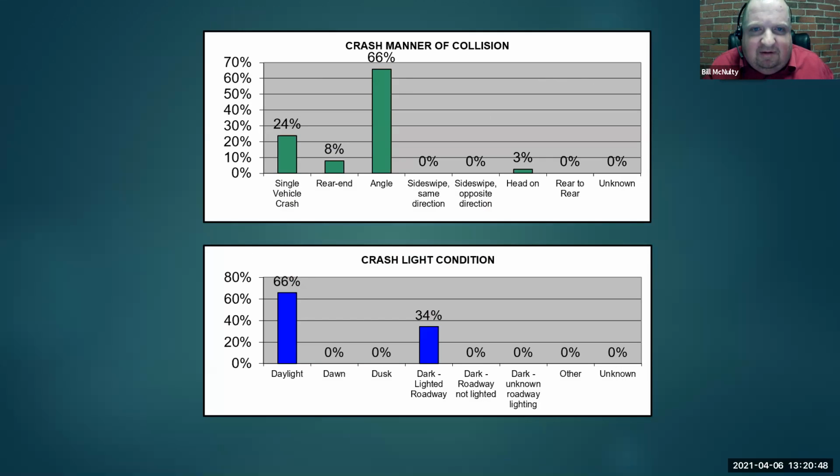The overwhelming majority of crashes here are angled collisions, as you saw in that collision diagram. But there is a significant number, at least in terms of intersections that we look at, of single vehicle crashes. 24% of the crashes at this location are single vehicle roadway departures. One of those single vehicle crashes was an animal strike; a driver struck a deer. But this is probably due to that big curve going through this intersection and just the weird geometry.